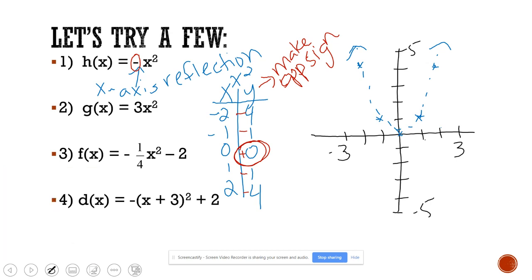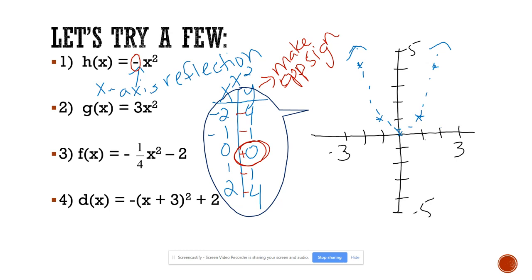Then I'm going to plot my transformed one using our new ordered pairs. So -2, -4, -1, -1, 0, 0, 1, -1, and 2, -4. And here you can see then that it took our graph and flipped it upside down.